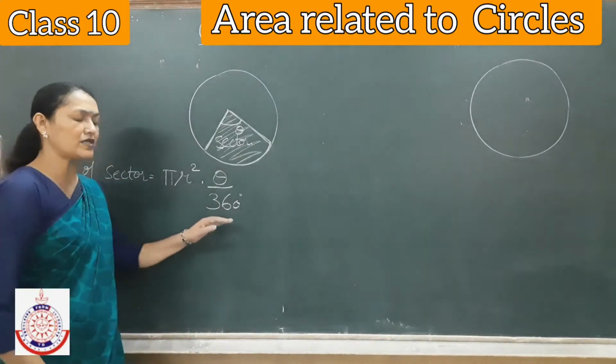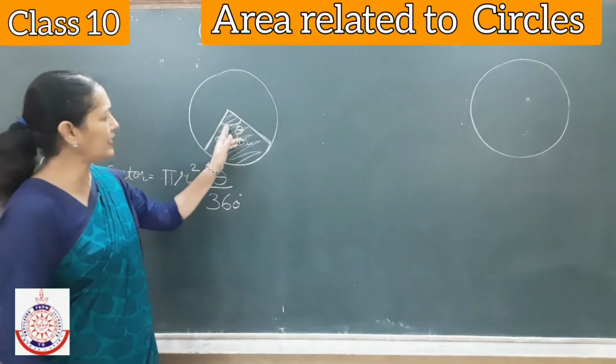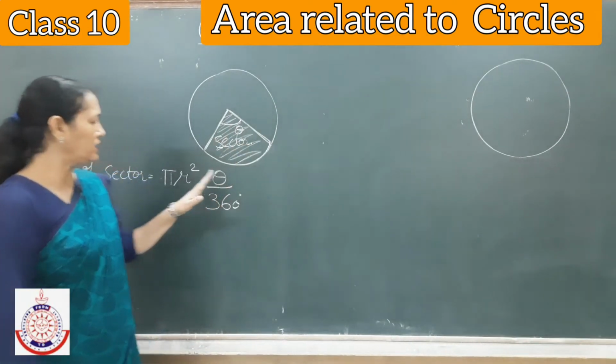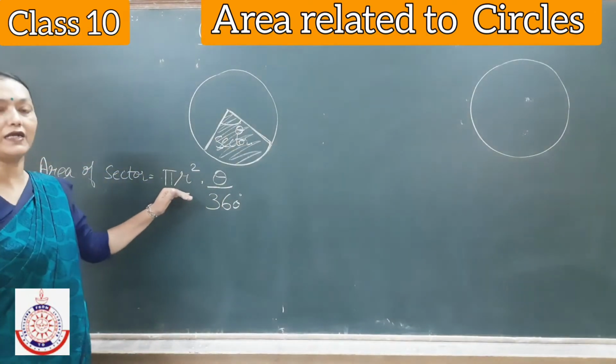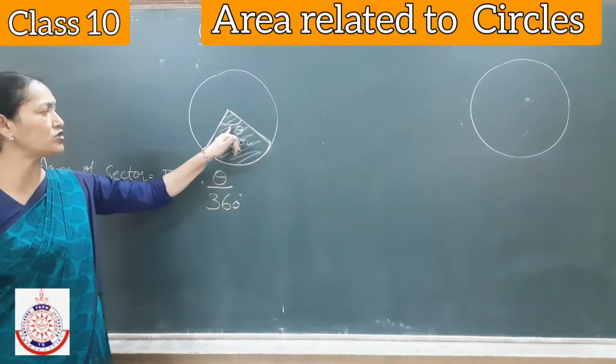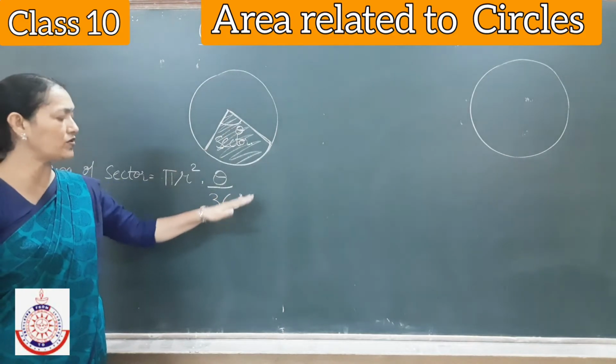Means out of 360 degree, what angle is used here to form a sector? Pi r square, that is the area of circle, multiplied by angle at which this sector is being cut upon 360.